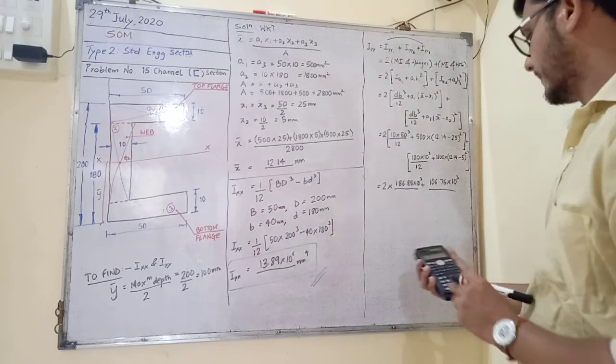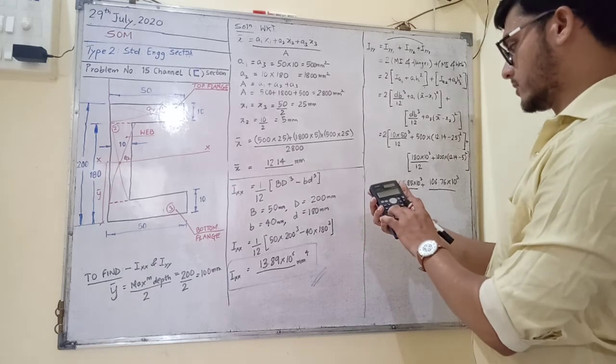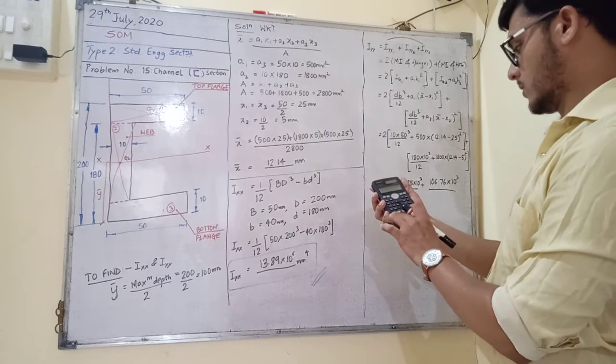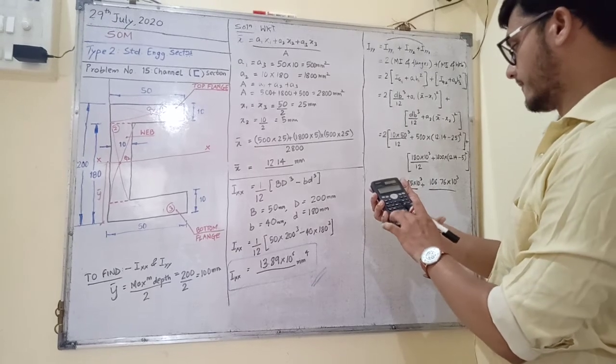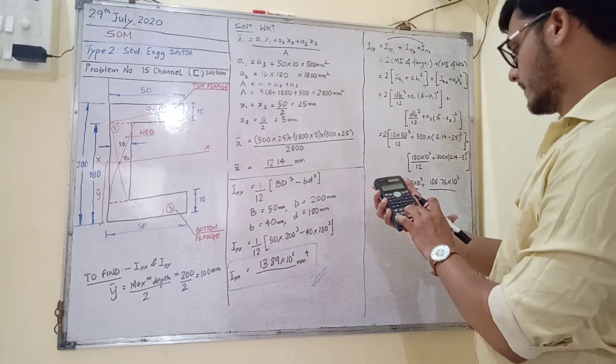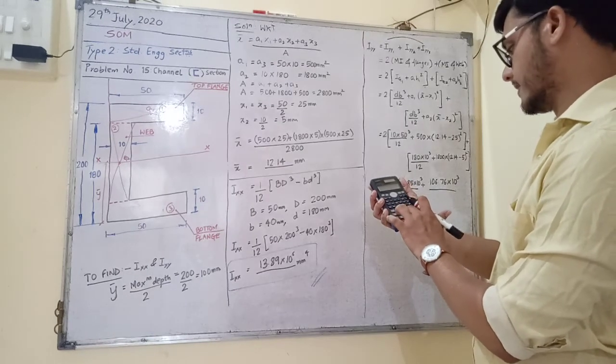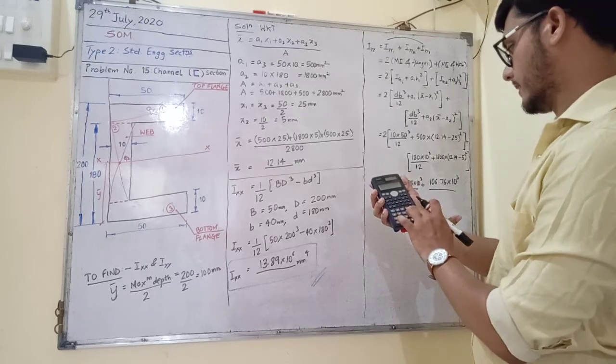Now I have to multiply and add. So 2 into, I'll use the bracket, 2 into 186.85 into 10 raised to 3 plus 106.76 into 10 raised to 3.